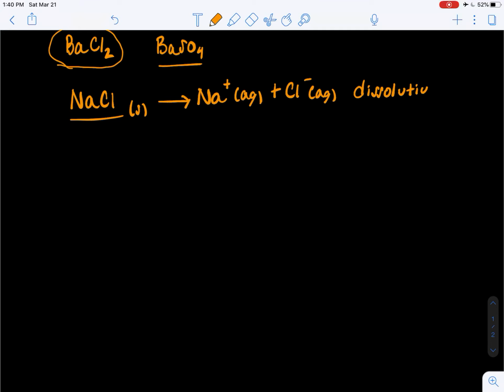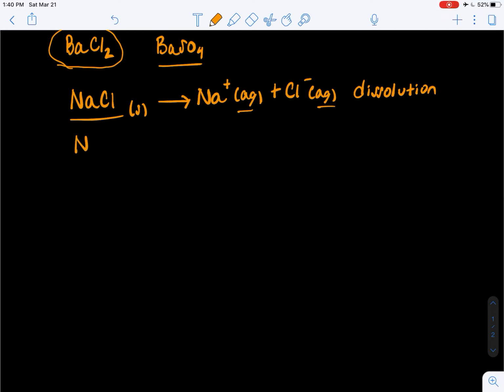When something dissolves into a solution, we're talking about electrolytes. When this substance dissolves in water, it produces ions that are dissolved in the water, so we write aq. And this is a strong electrolyte, and when we're going from a solid to aqueous ions, we call that dissolution.